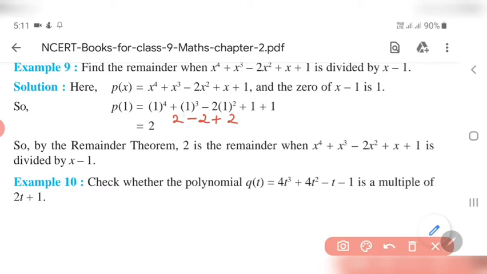Yes, plus 2 and minus 2 we can cancel. If you subtract, you will get 0 here. So what is the number that you will get? That is 2. Understood? So by using the remainder theorem, we got the remainder as 2. So this will be the answer. So children, I hope you understood these points. Correct?